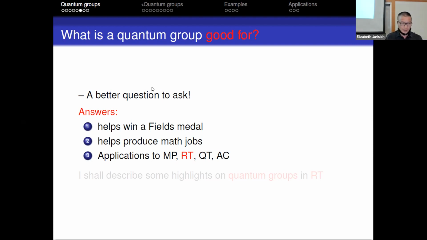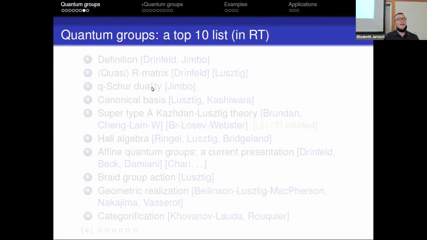Okay, so I'm not an expert on anything else. I only know a little bit about representation theory. So let me tell you a little bit more about what quantum group is good for in representation theory. I will make up a personal top 10 list.